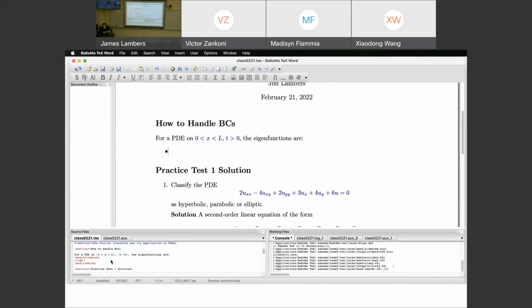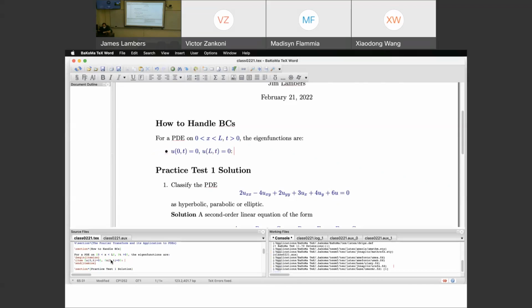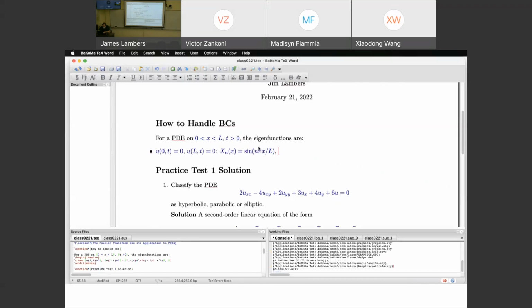The one we've probably seen most often is Dirichlet, or type 1, boundary conditions at both ends. So u(0,t) equals 0 and u(L,t) equals 0. Then your functions X_n(x) are equal to sine of n pi x over L. So you're taking the width of the domain into account.